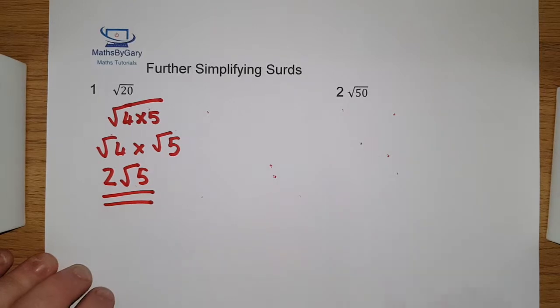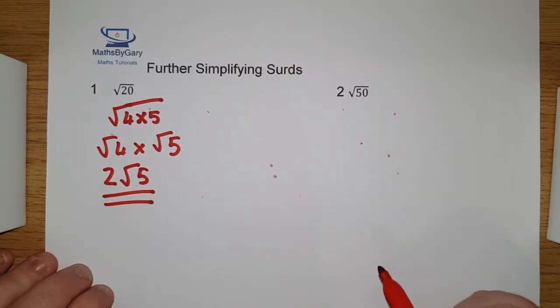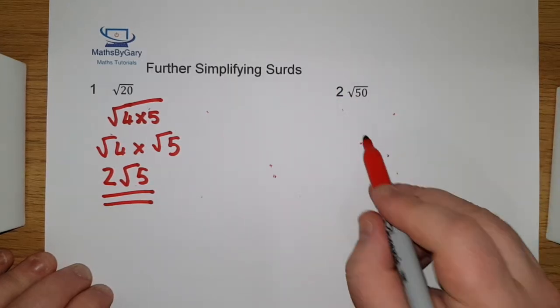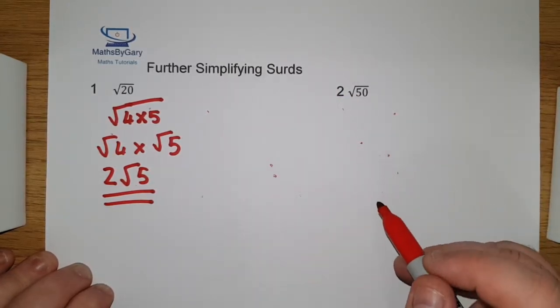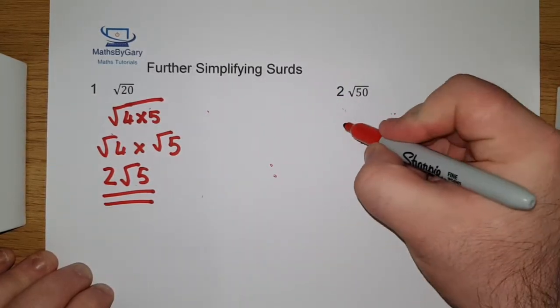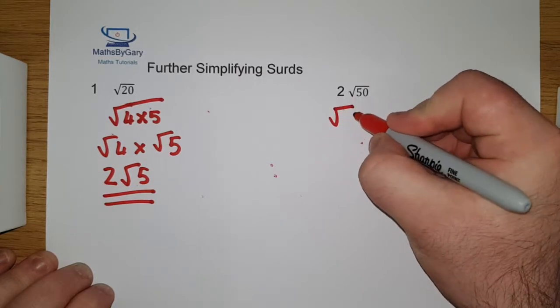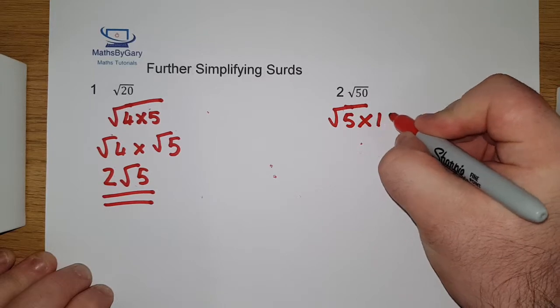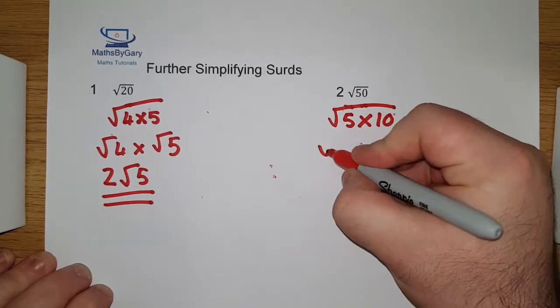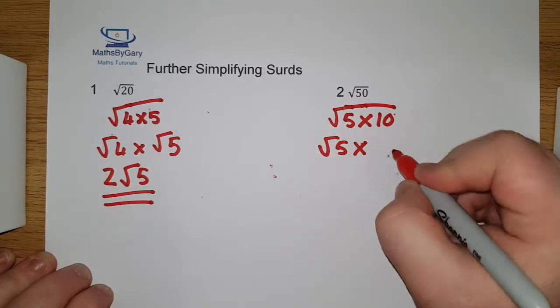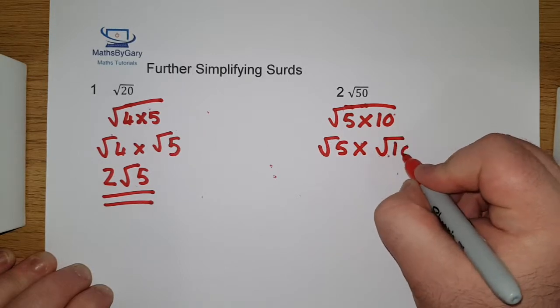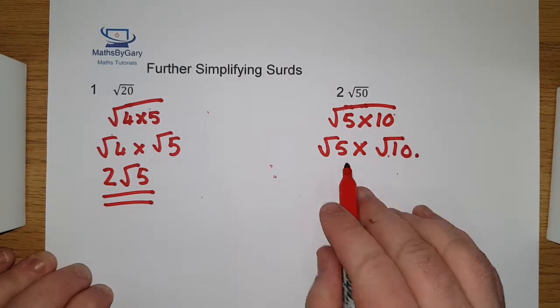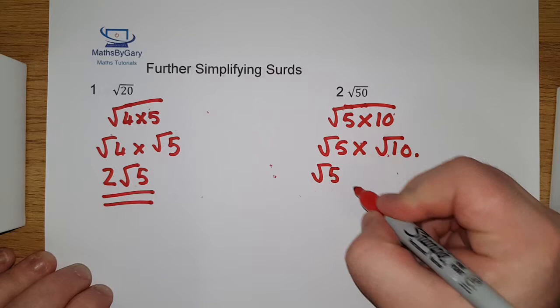Now, let's move on to root 50. We know that root 50 is the same as root 5 times root 10. So root 5 multiplied by root 10. Root 5 will be root 5.